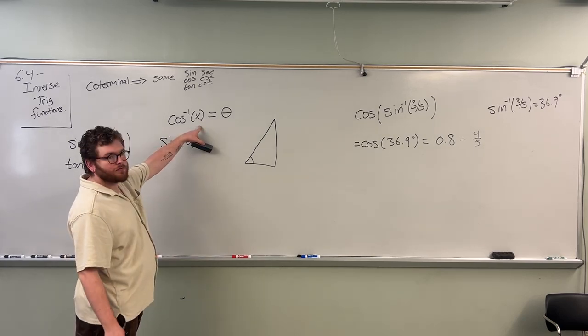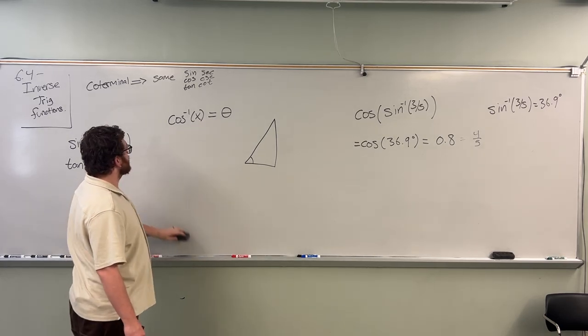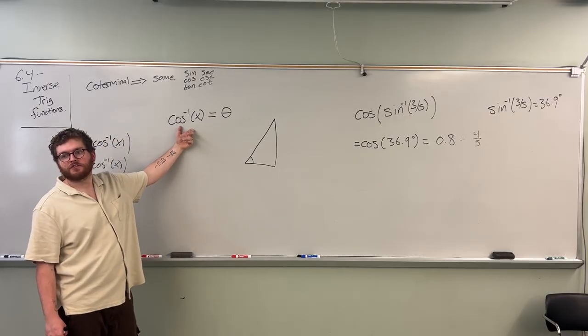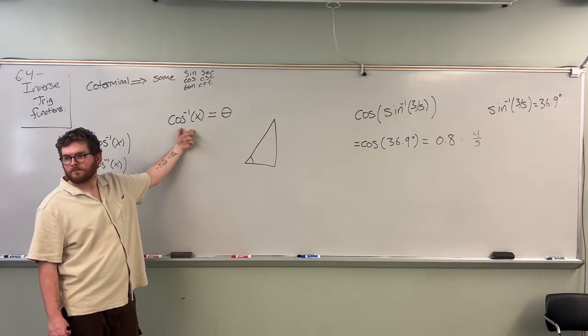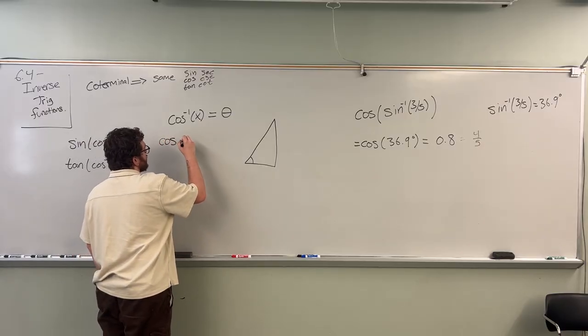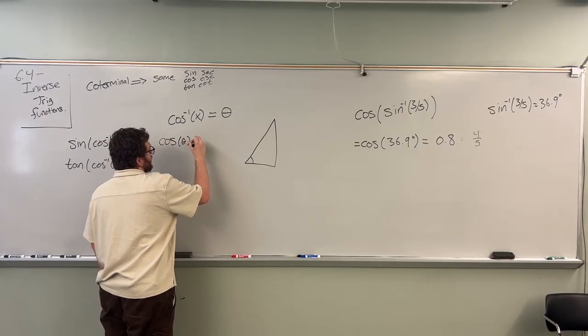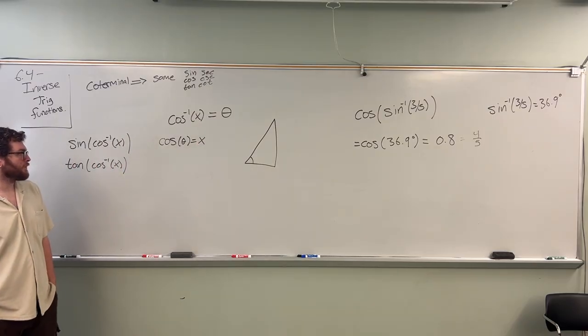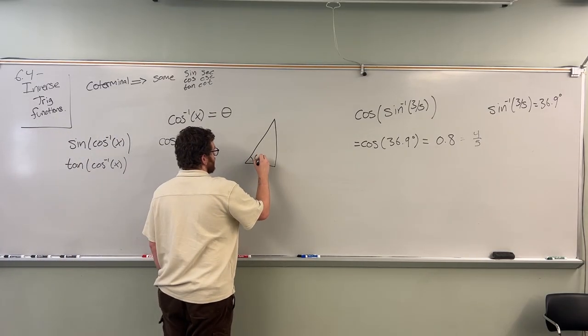All right. I can solve for x here. I'm going to get rid of this sine theta for a second. How would I undo inverse cosine? With regular cosine. So I have cosine of theta equals x. So theta is here.